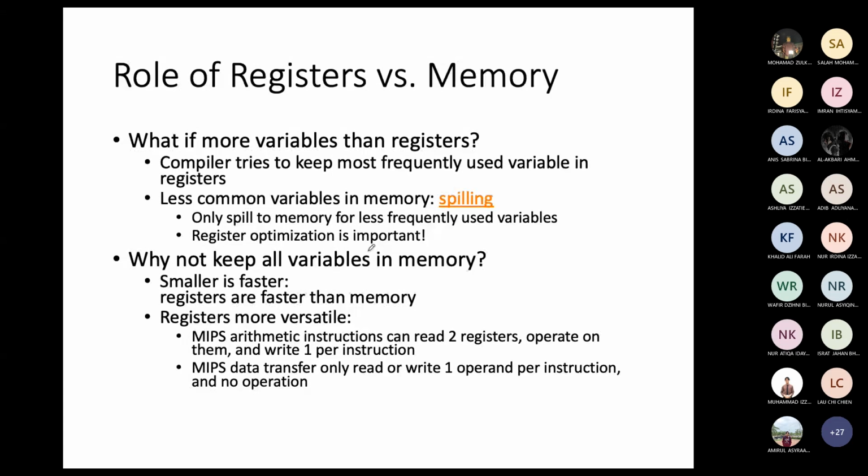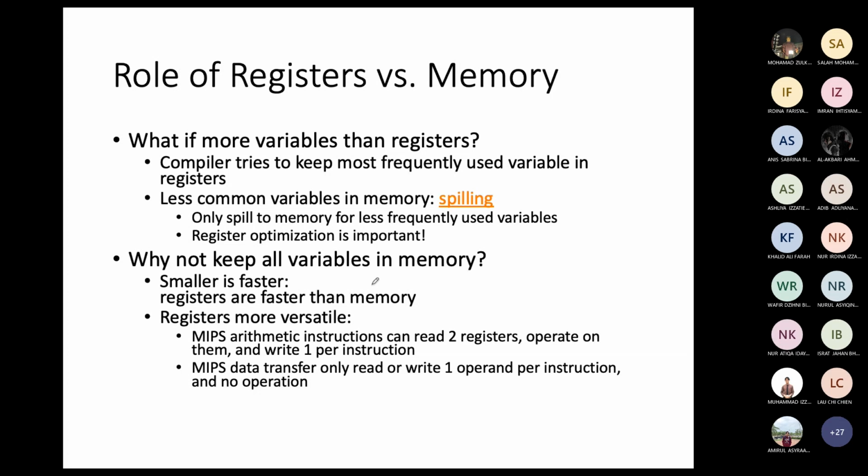So why not keep all variables in memory? Let's say you want to keep all the data you stored during initialization in memory. You need to remember, smaller is faster. Registers are faster than memory. Registers are the fastest compared to memory.